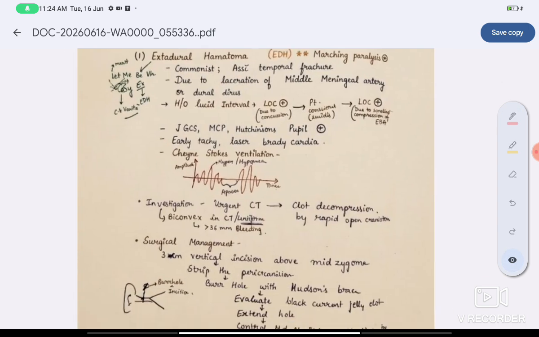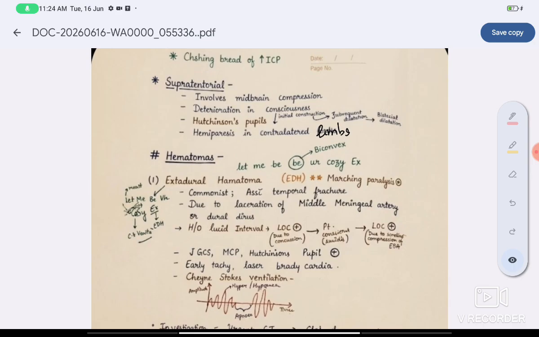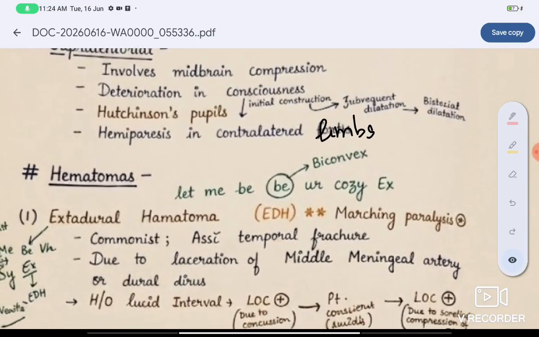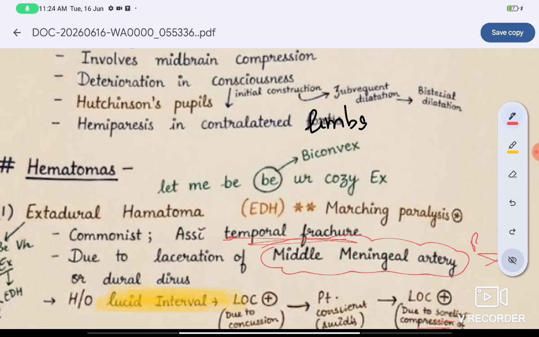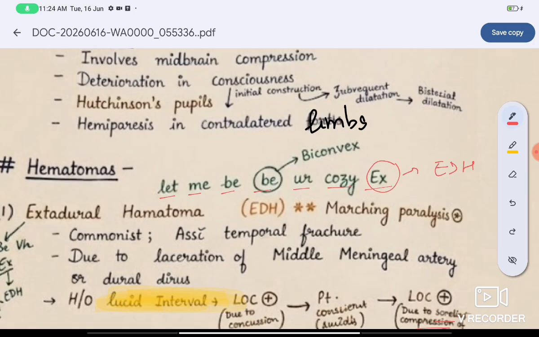So there is a mnemonic for all the features of this extradural hemorrhage. The mnemonic you see here is an interesting one. It is, "Let me be your cozy X." X stands for the extradural hematoma. L stands for the lucid interval.